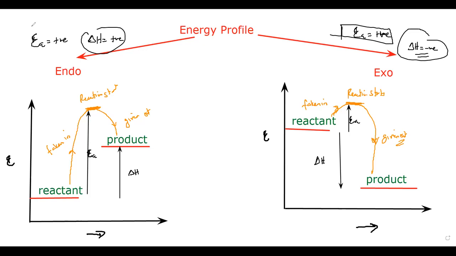Activation energy is always positive because it is the energy which is taken in. So it's always higher than the energy of the reactant, so it will always be a positive energy. Is it clear? The energy profile diagram for endothermic and exothermic reactions, we have already discussed in IGCSE.